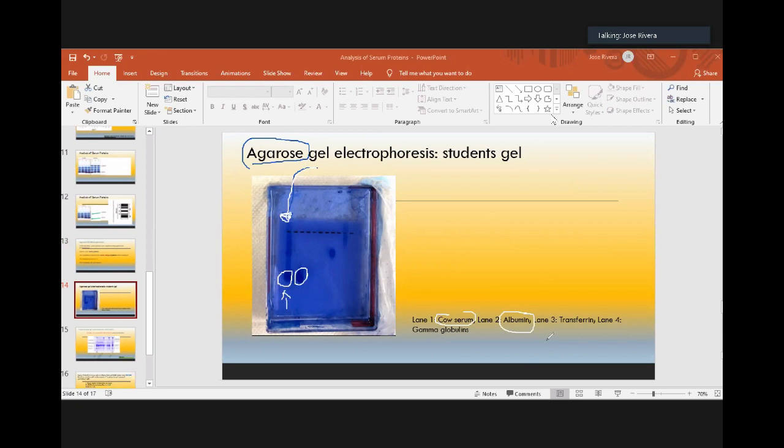The other thing you can see is the gamma globulin, and I think it's this one right here, or it might be this one, I'm not sure. But the globulins, the IgGs, ran higher. So this is what you would have gotten, something similar to this.